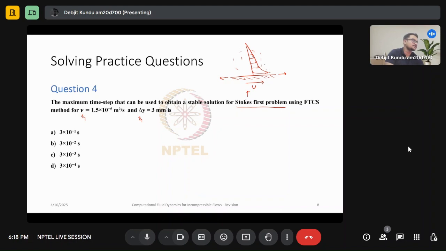One other piece of information is that the flow equations in this case boil down to a parabolic set of equations, which is like dou u dou t equal to nu into dou 2 u dou y squared.